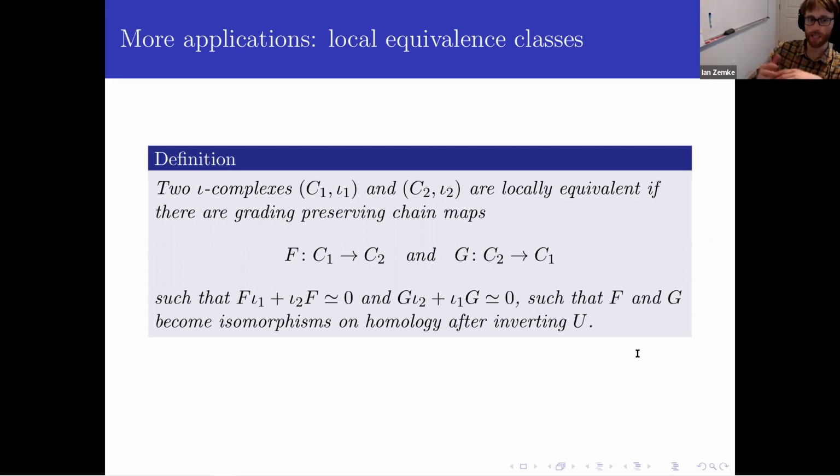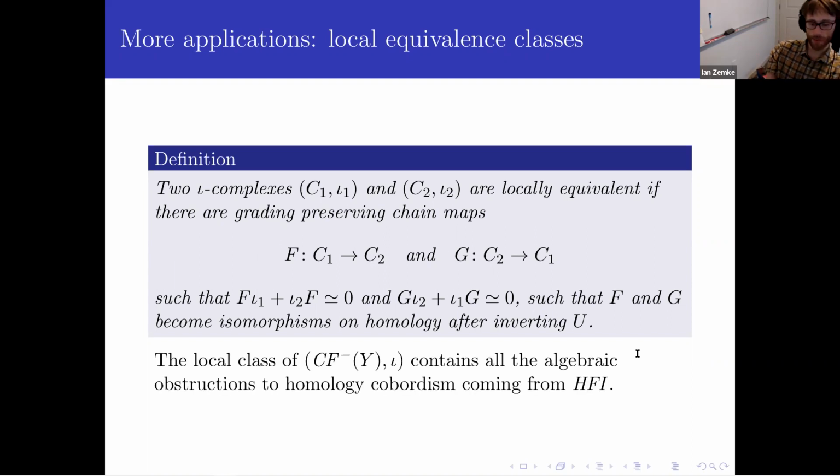Note that we're not asking for these to be homotopy equivalences. It's weaker than homotopy equivalences. We don't require the composition of F and G to be anything recognizable. It just has to be an isomorphism after inverting U. So if we have involutive Heegaard Floer homology, the chain complex with the involution, all of the obstructions to homology cobordism can be encoded in terms of local equivalence.